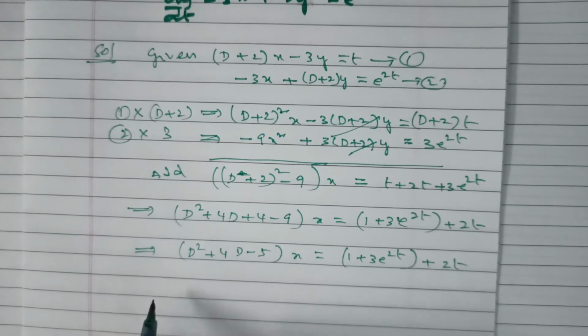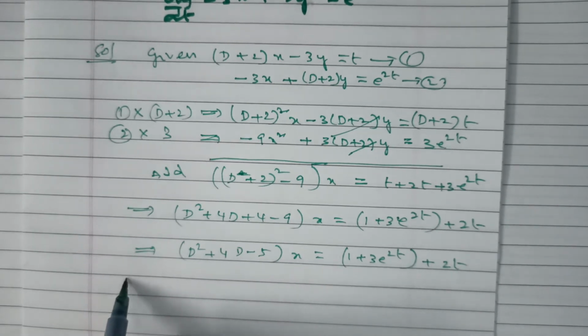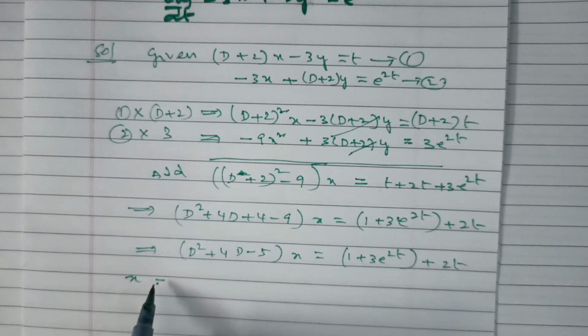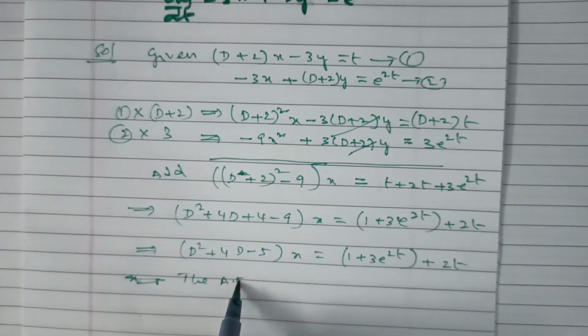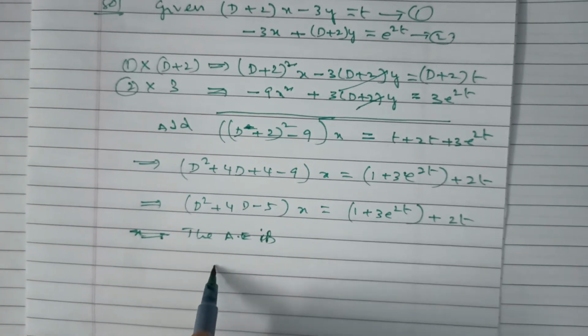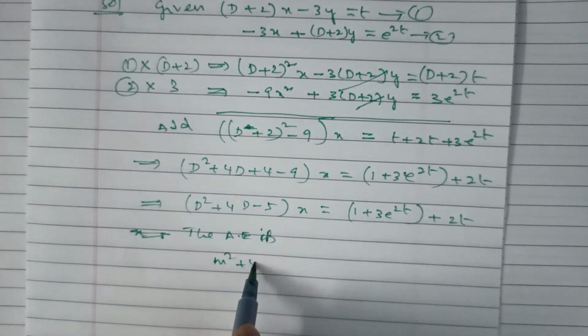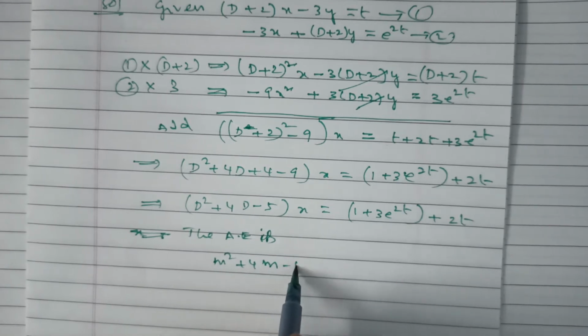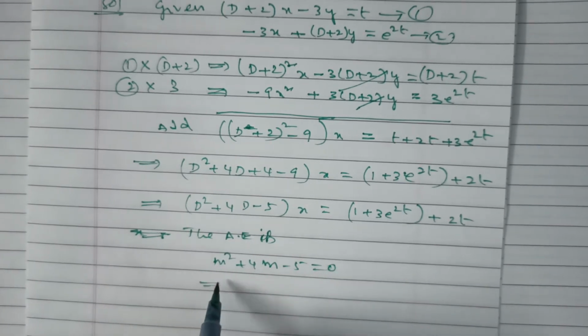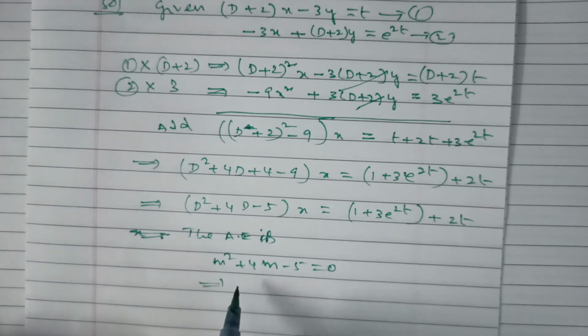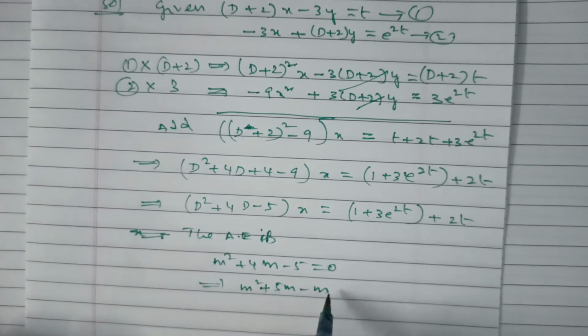To find the value of x, for this we need to find CF and also PI. So the AE of this equation is m square plus 4m minus 5 is equal to 0, which implies m square plus 5m minus m minus 5 is equal to 0.